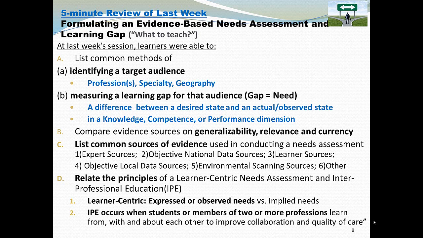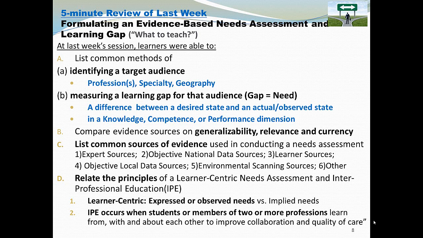We listed some common sources of evidence: expert sources, objective national databases, sources from your learners such as surveys and feedback, and objective local data sources such as institutional QI measures, and environmental scanning, which can be anything from the arrival of a new product or device on the market to the arrival of a new disease like Zika. And there are many other sources as well.